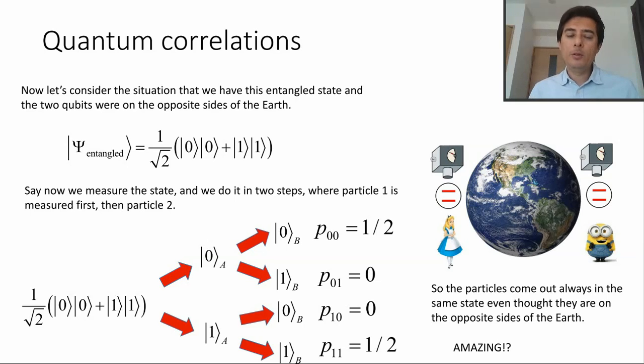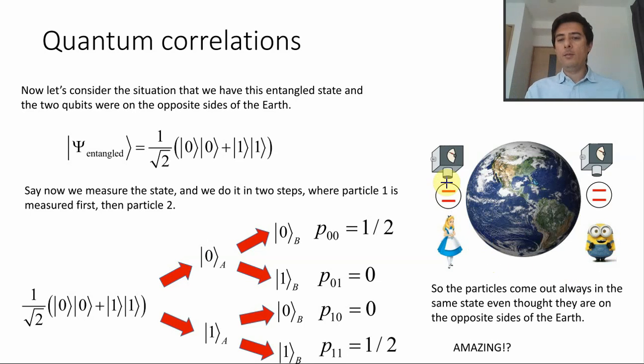And what I want to talk to you about in this part is how these states have so-called quantum correlations, with some very mysterious properties, and apparently there is some effect that you can make between Alice and Bob, despite the fact that they might be separated by very large distances.